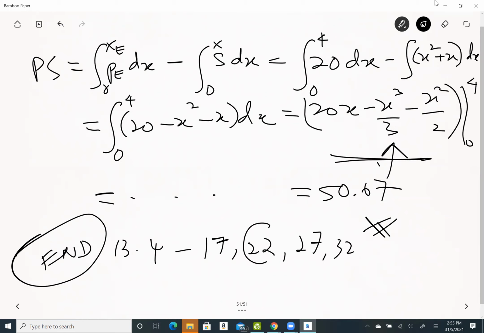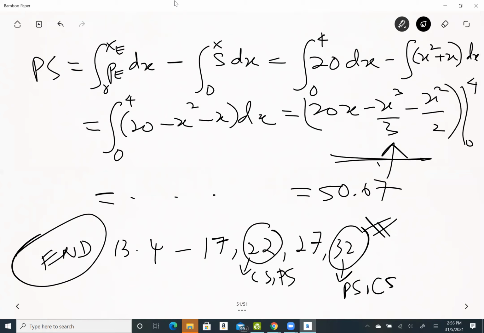For 22 and 32, they ask only for you to find consumer surplus. For 32, you are only asked to get producer surplus. Now, add the producer surplus here, and find consumer surplus. Because you are given the supply and the demand, rather than just finding one, find both. Okay? Any question?